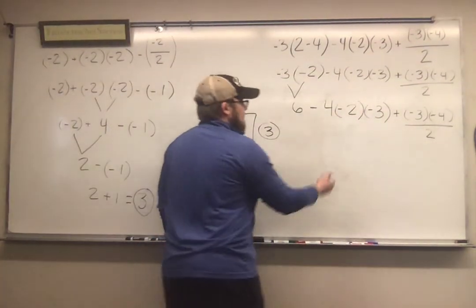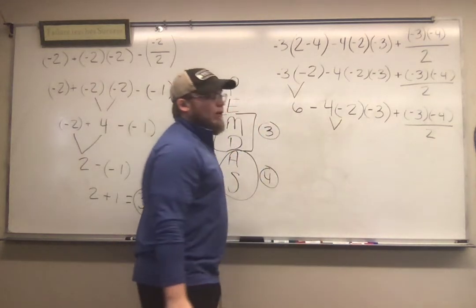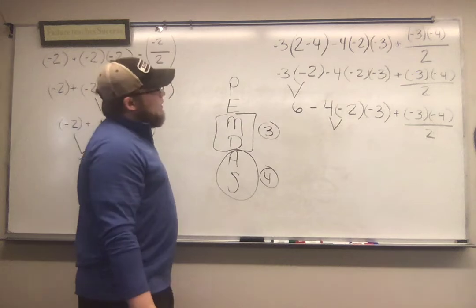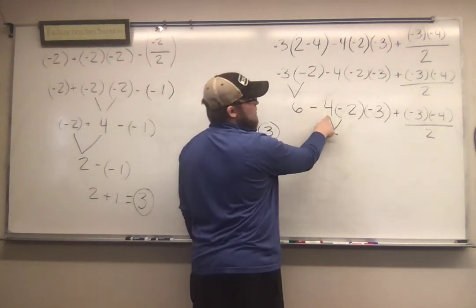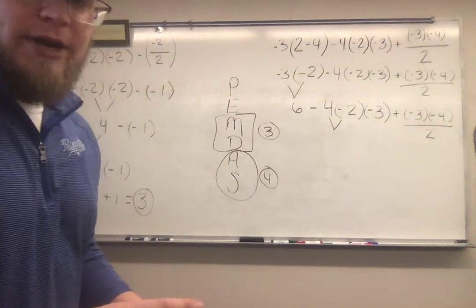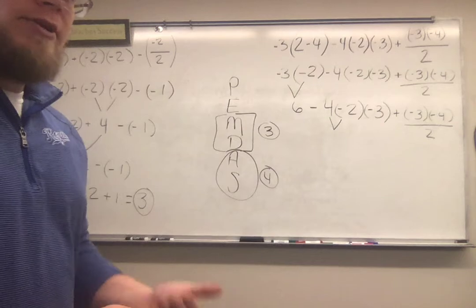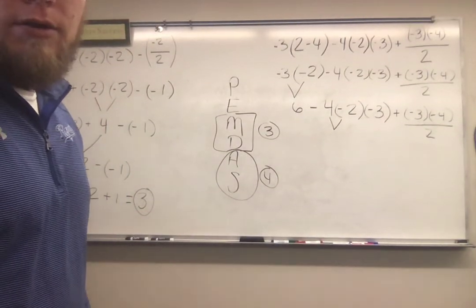The next one left to right is going to be the 4 and the -2. Now, you can look at this as a -4, or you can just treat it as a 4. But whichever one you want to do, you have to make sure you remember how you did it, and I'll show you. I'm just going to look at it as a 4.